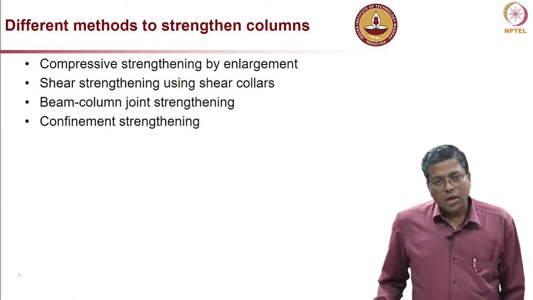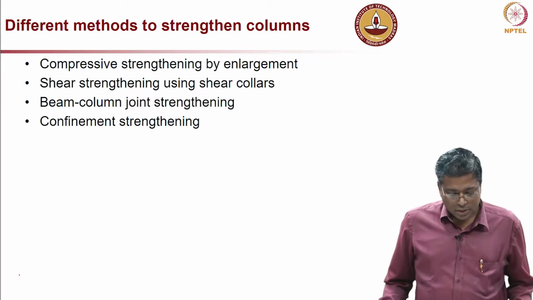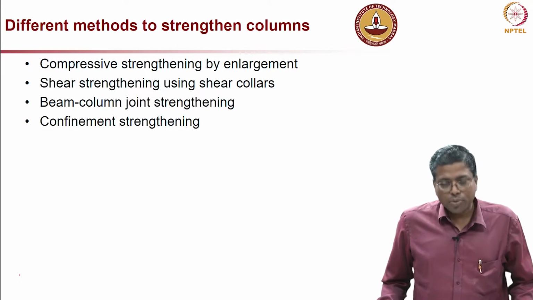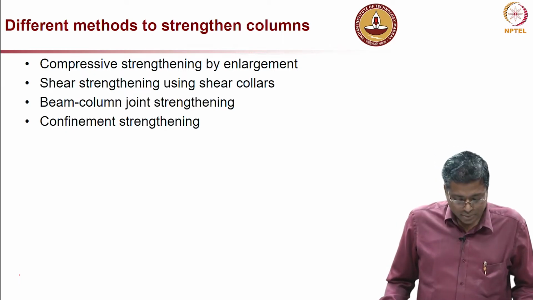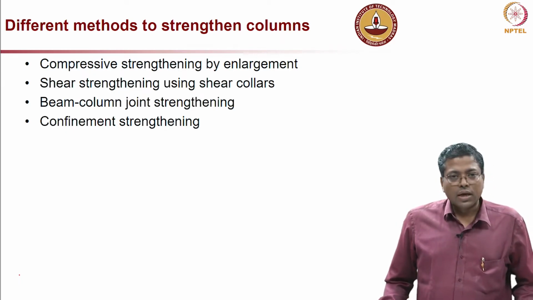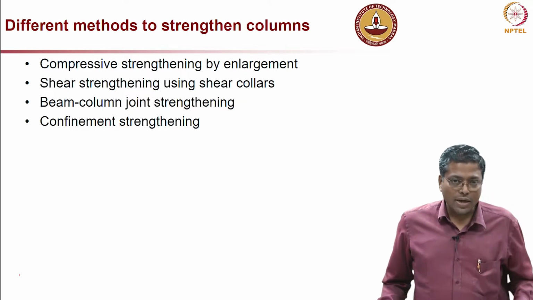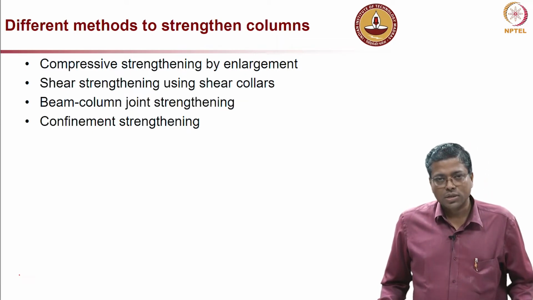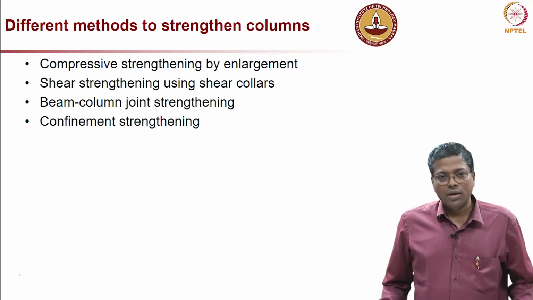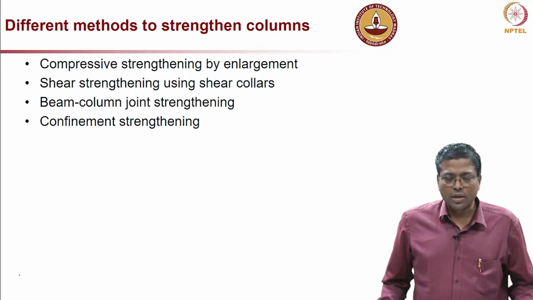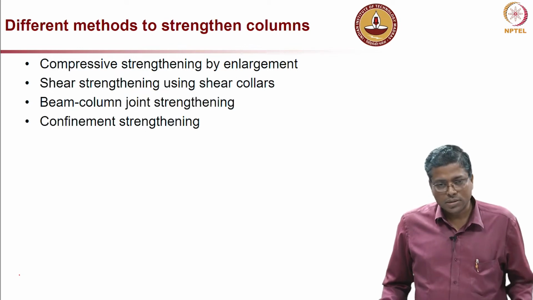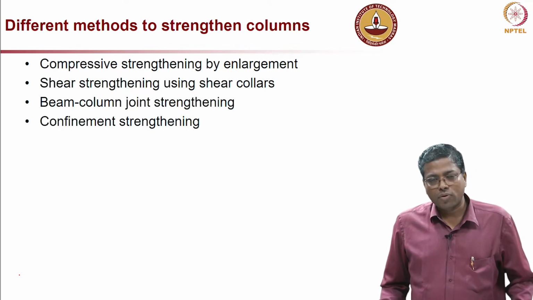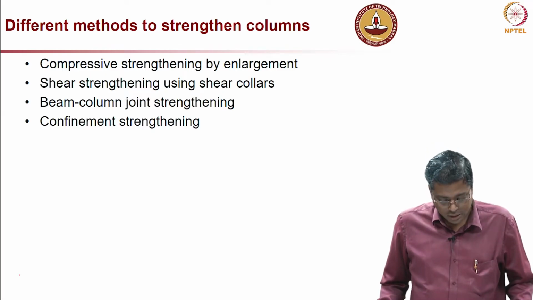Now, how do we strengthen these columns? There are four major approaches by which we can strengthen them. One is compressive strengthening by enlargement, and the other one is shear strengthening using shear collars, and then beam column joint strengthening, mainly the moment resisting capacity of the joint, and the fourth one is confinement strengthening.